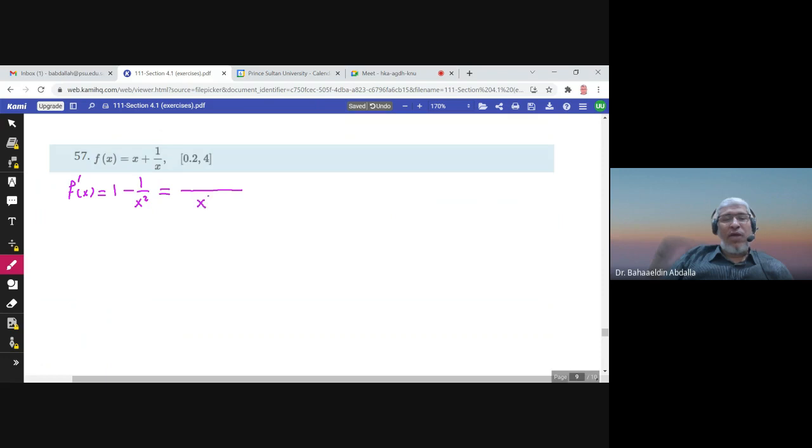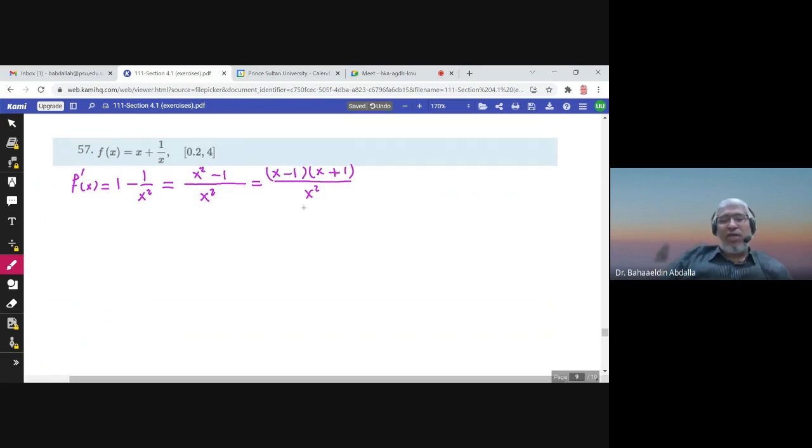And if you add these two fractions, you have (x squared minus 1) over x squared, or (x minus 1)(x plus 1) over x squared. Notice that f prime does not exist when x is 0, but 0 is not in the domain of f.